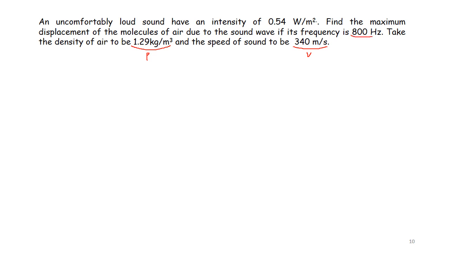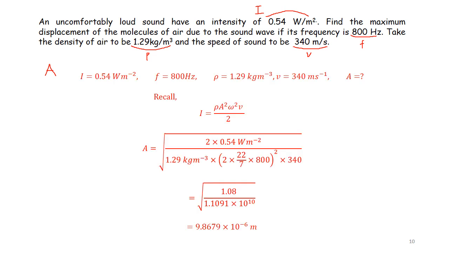Then your f is 800 Hz, then intensity is I. Calculate the maximum displacement, which is the amplitude. Let's see. From this expression, given the parameters, this is the most suitable expression for that. Then make A your subject of formula.